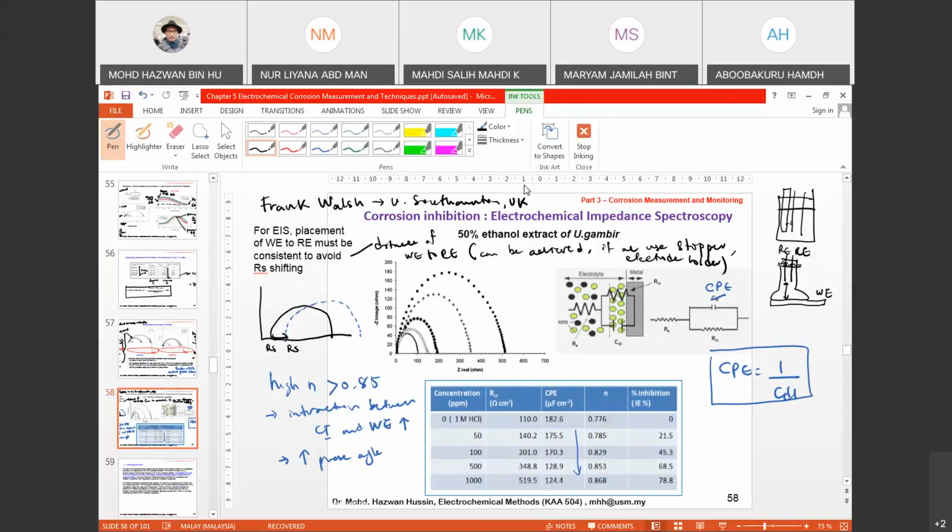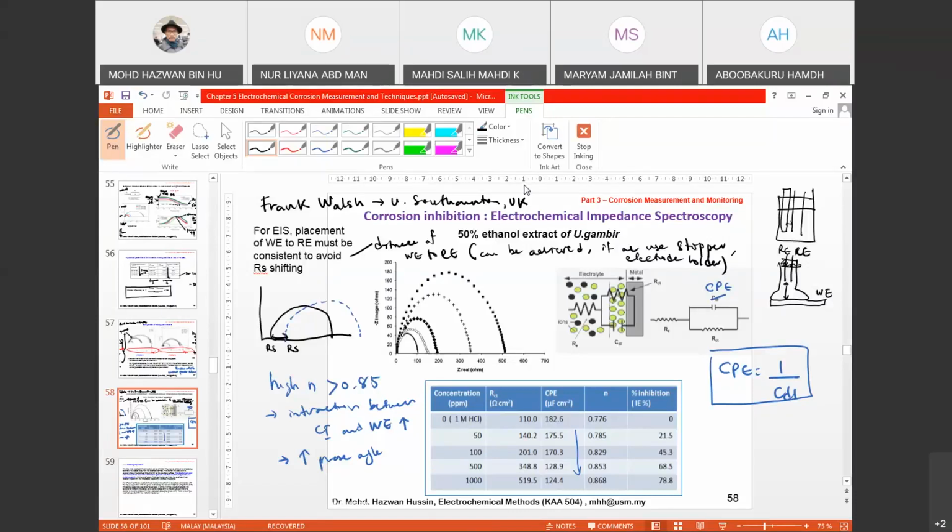In the world, the University of Southampton has very renowned electrochemists. If you go to the UK and want to further your studies in electrochemistry for a PhD, I would recommend you go to the University of Southampton, because they have very good facilities. They have a center of electrochemistry, and their professors and researchers are well known.